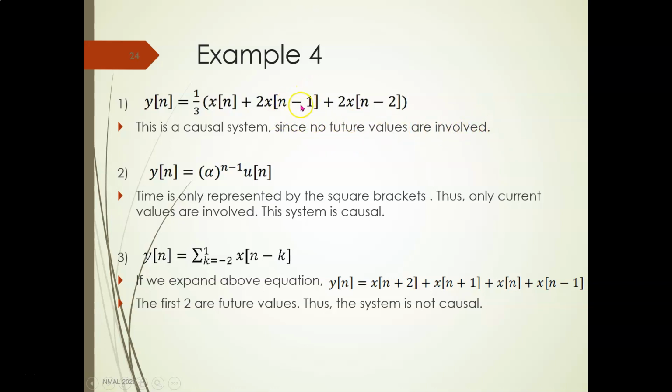Because in the time shifting here, there is no shift that involves n plus 1 or n plus 2, which would involve shifting values to the negative part of the axis. That is when we know it involves future values. Here it only involves shifting to the right, so this only involves past values.